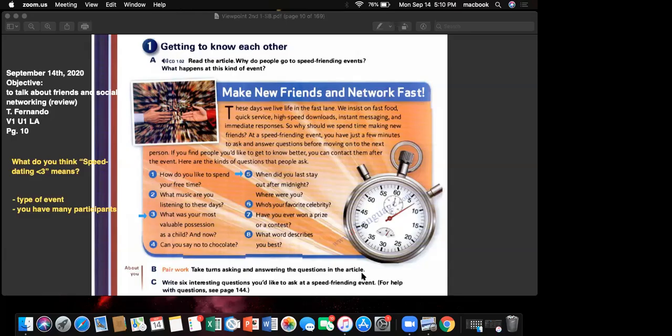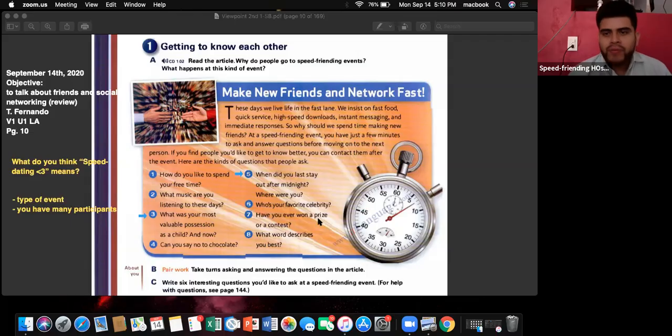What does prize mean? I don't know. A prize is like an award. Like, when you win something, they give you a medal, or they give you money or a trophy. A prize is a type of trophy. For example, have you ever won a prize or a contest?